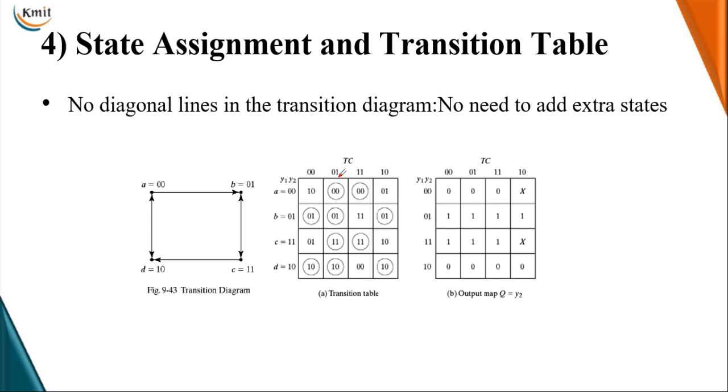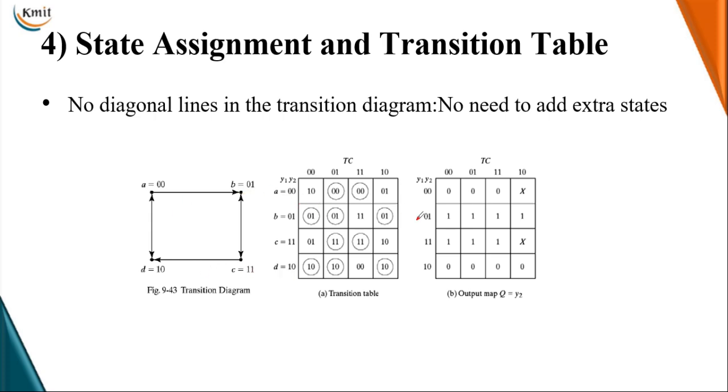Hence we have mentioned 00, 01, 11, 10 for both the inputs as well as the present states. Now these are the present state values, where the alphabets are replaced: A with 00, B with 01, C with 11, and D with 10.